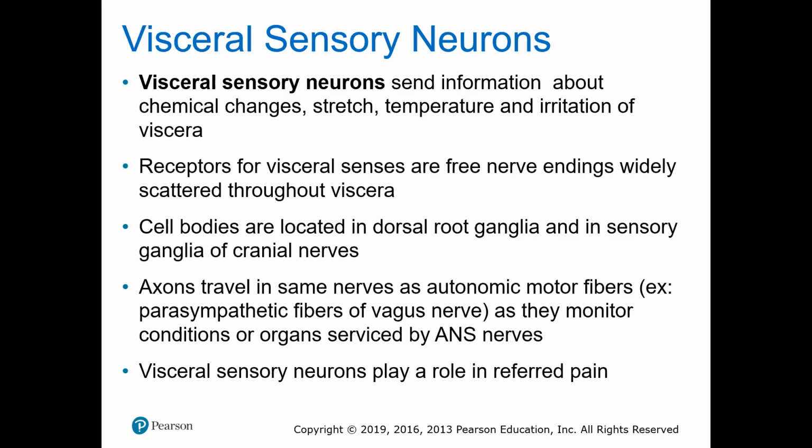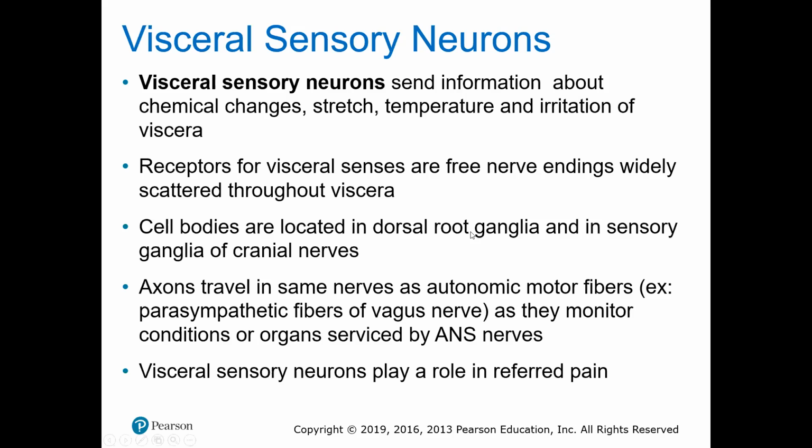Referred pain is because pain signals are traveling on the same motor nerve for the autonomic nervous system. Because the nerves are mixed, they have sensory and motor components. And so now we're getting signals coming in saying we have a pain in our left arm when we really have a heart attack, or we have pain in our right shoulder when we really have a problem with our gallbladder.